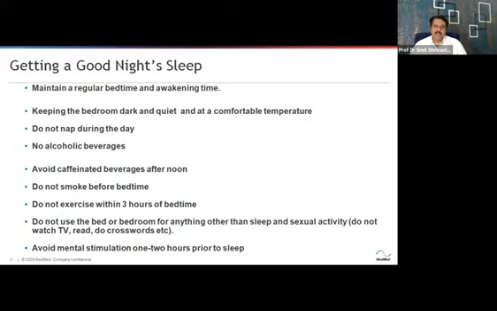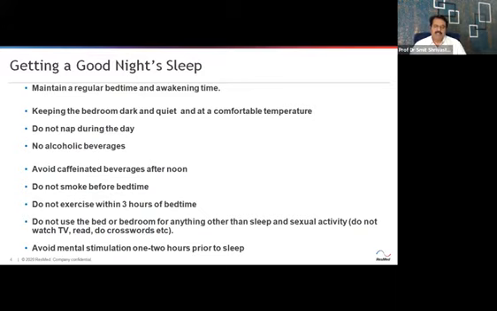Smoking or any kind of stimulus like coffee, caffeinated beverages or tea before bedtime, particularly within an hour before bedtime, can affect sleep and delay it.